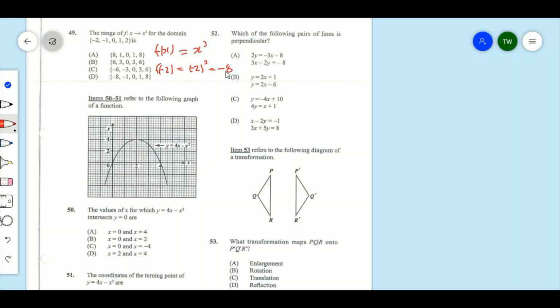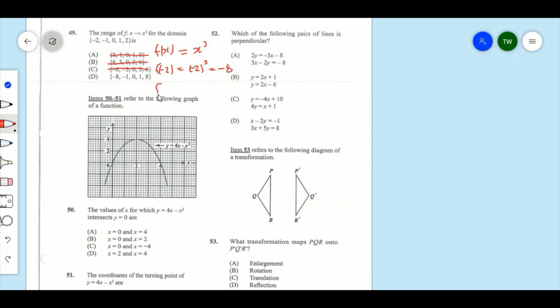So already by getting -8 for our first value, we already know that our answer cannot be A, our answer will not be B, and our answer will not be C. So there's only one possible answer here, and that is D. But let's just do another one to make sure.